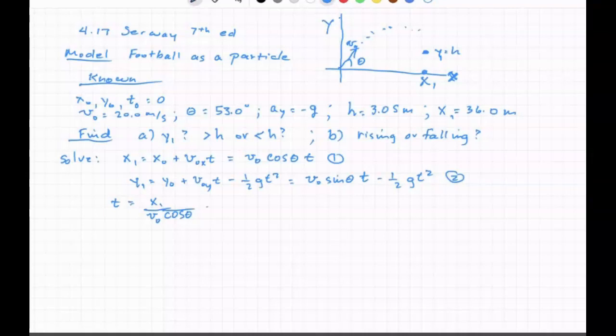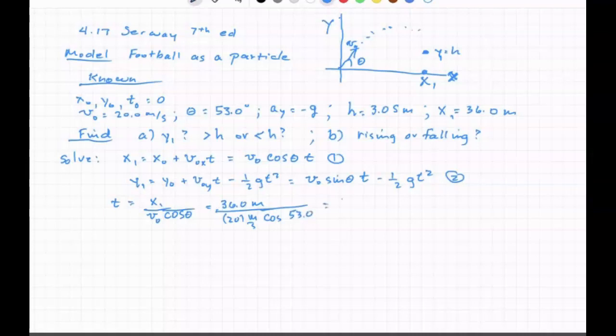I'm going to put in the numbers now. x1 is 36.0 meters over 20 meters per second times the cosine of 53.0 degrees.